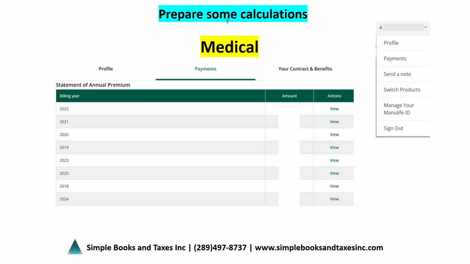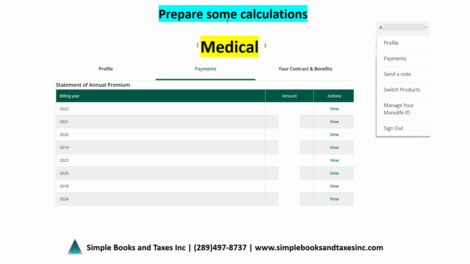Now we are going to prepare and calculate some information about the medical expenses. In our example, the individual paid the annual premium for a private health insurance. At the same time, they paid out-of-pocket money to cover the portion that was not covered by the health insurance.